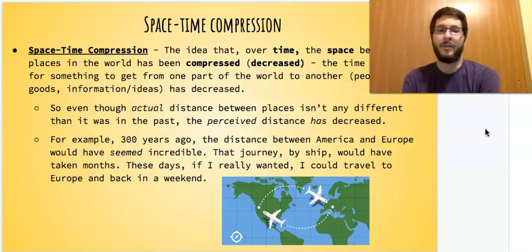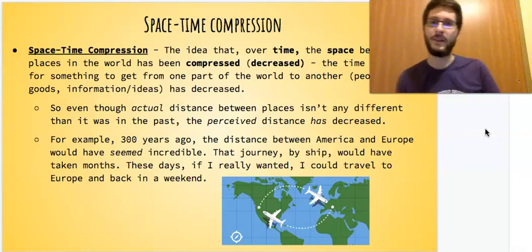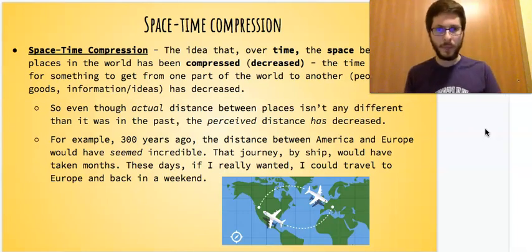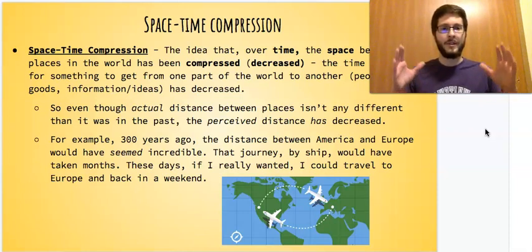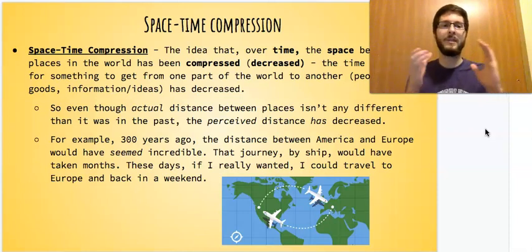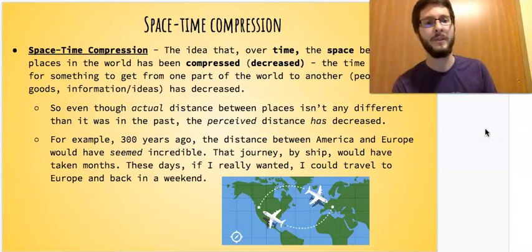But as technology has progressed, these days, if I was feeling super ambitious, all I would have to do is book a plane ticket, and boom, I could go to England and back in a weekend if that was my prerogative. Okay? So, again, over time, space has been compressed. Again, not literally, but figuratively.